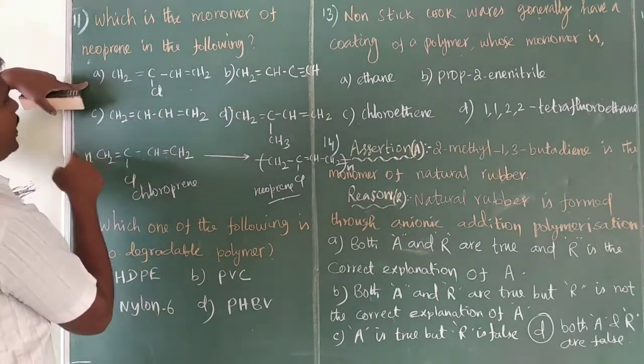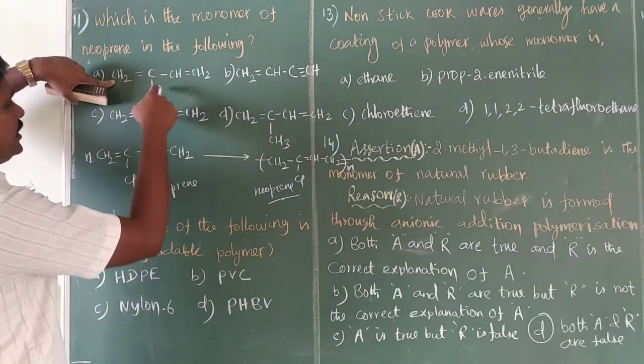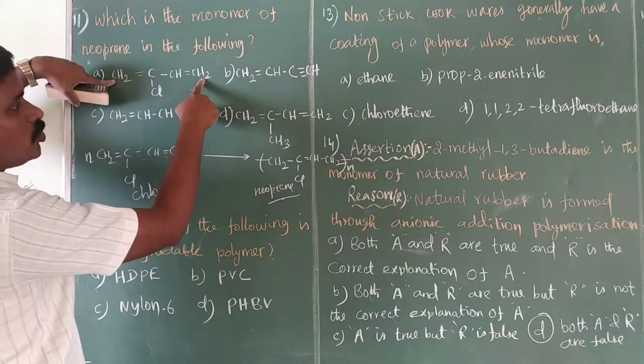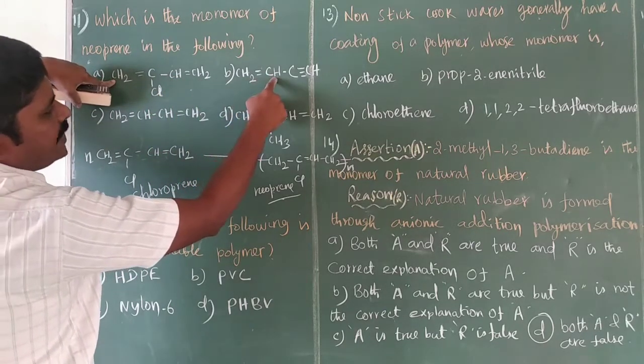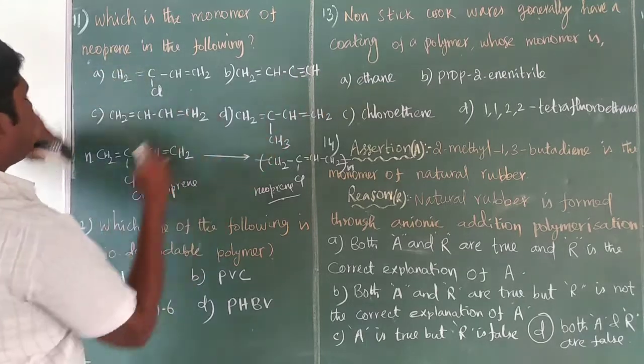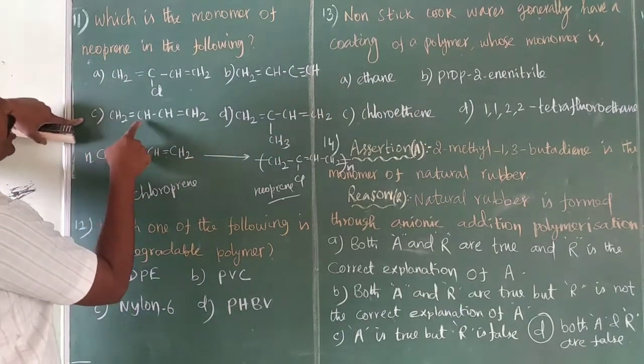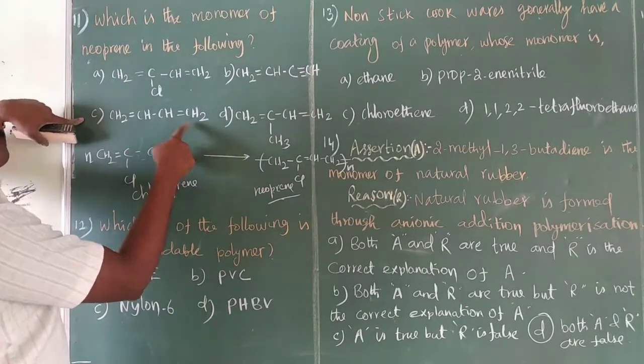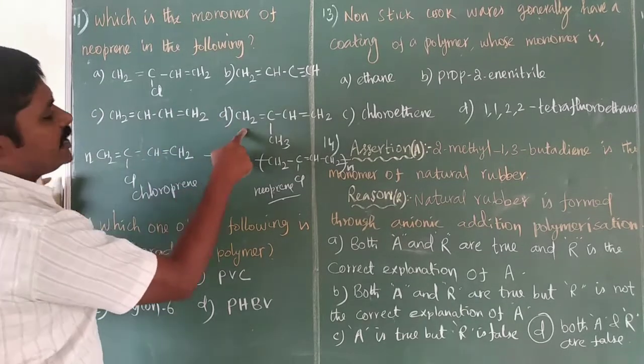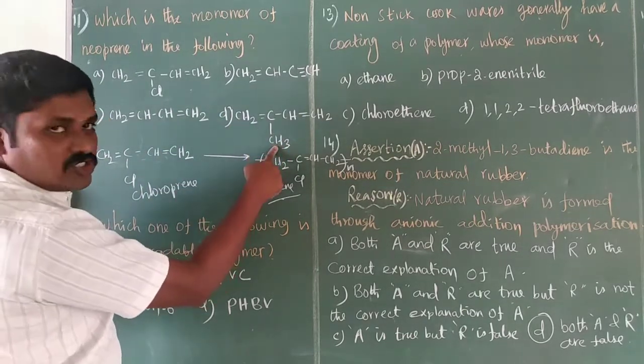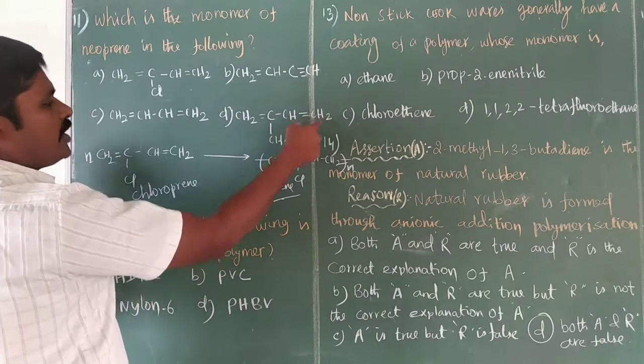Option A, CH2 double bond CCl, CH double bond CH2. Option B, CH2 double bond CH, C triple bond CH. Option C, CH2 double bond CH, CH double bond CH2. Option D, CH2 double bond C CH3, CH double bond CH2.